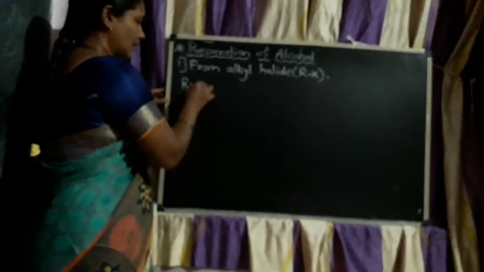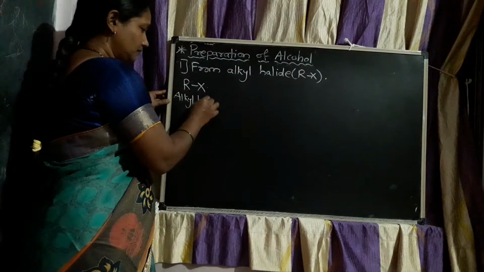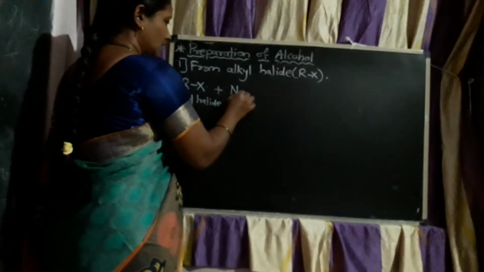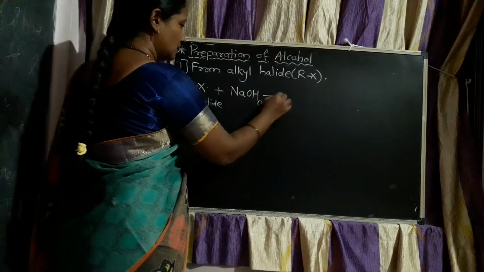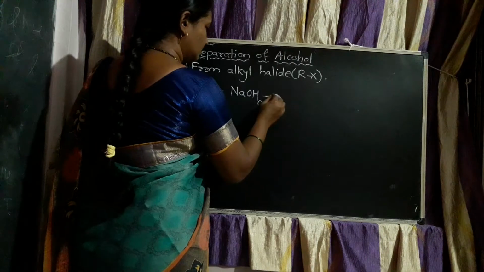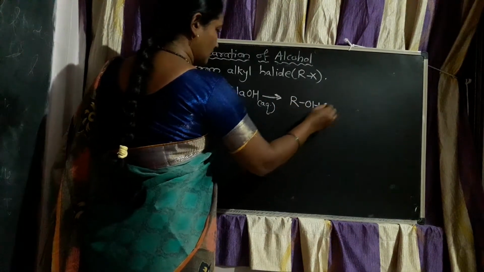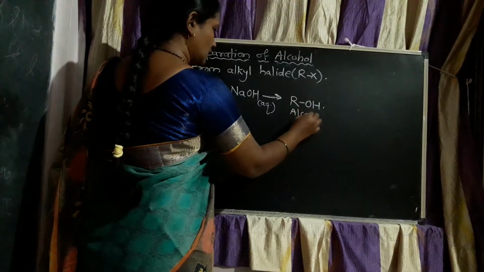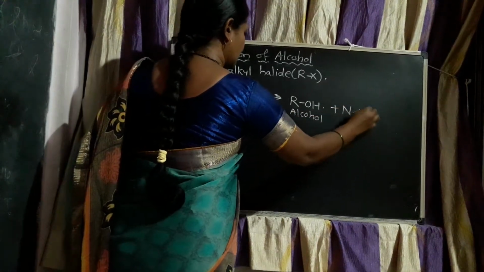Alkyl halide RX plus aqueous alkali NaOH, then it forms the alcohol ROH, plus NaX.